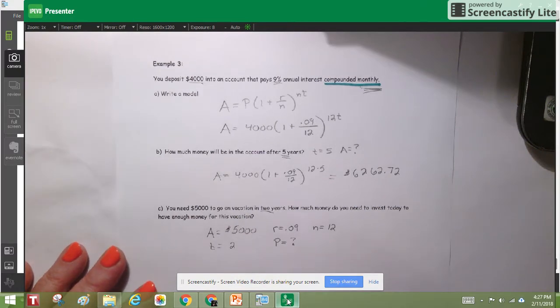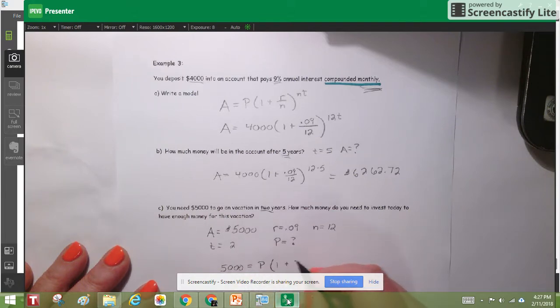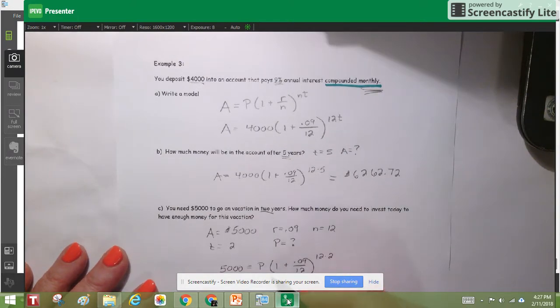So let's go ahead and set up this equation. 5,000 equals P times 1 plus 0.09 divided by 12 raised to the 12 times 2. So remember, this stuff right here is really just a number. So if I figured out what this number was, I could just divide both sides by that and I would have P alone.